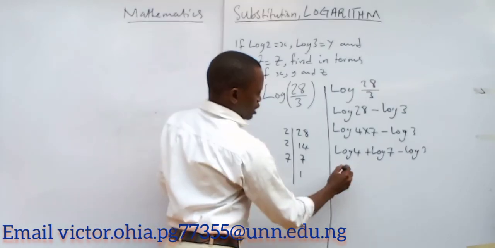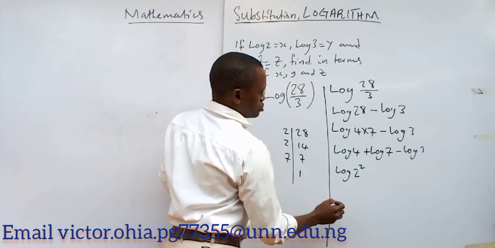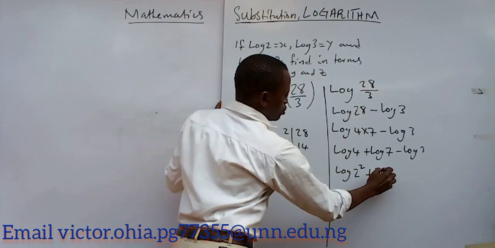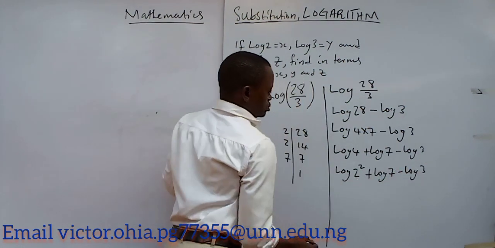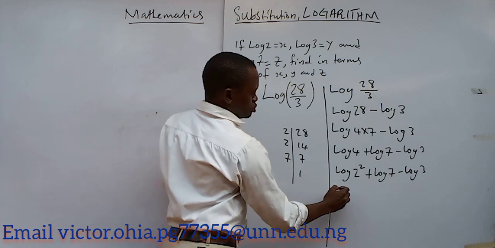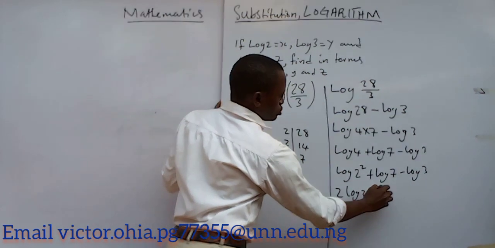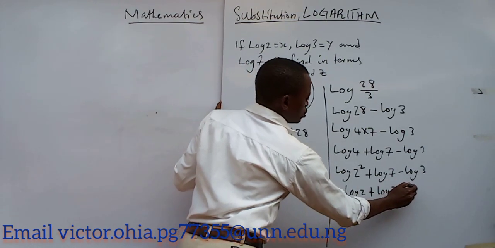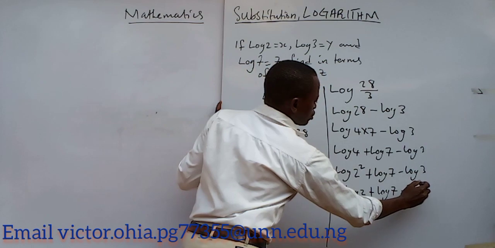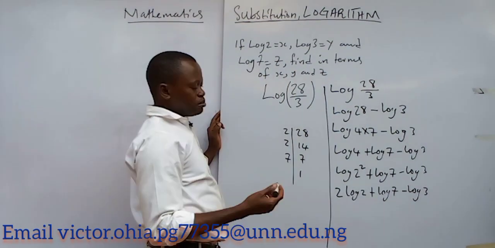And with this now, I can rewrite it as log 2 raised to power 2, then plus log 7 minus log 3. And you know what this is? It becomes 2 log 2 plus log 7, then minus log 3. Okay. With this now, we can make our substitution.